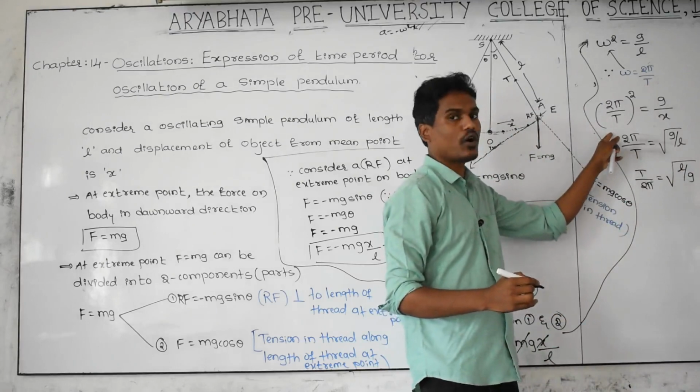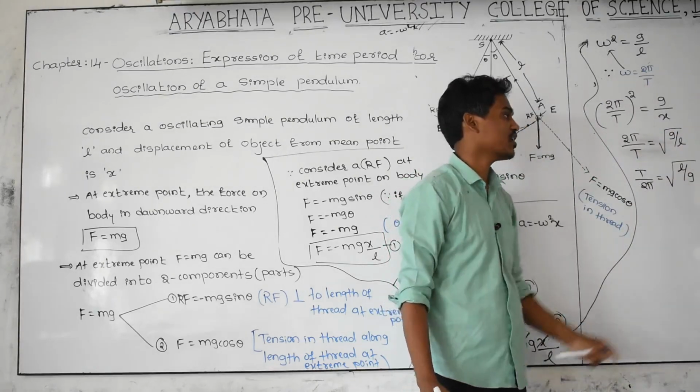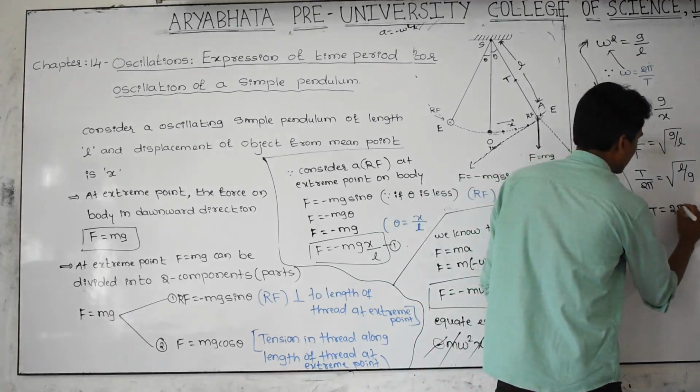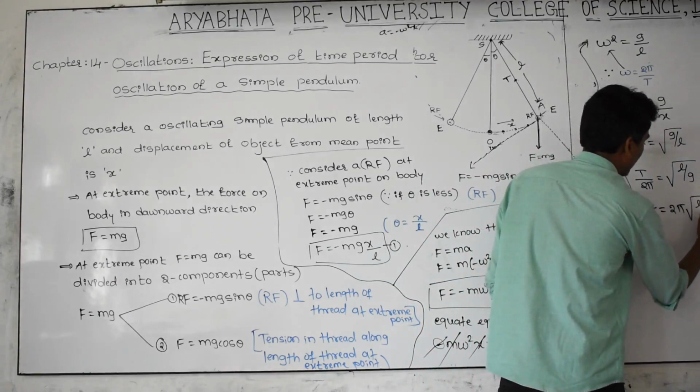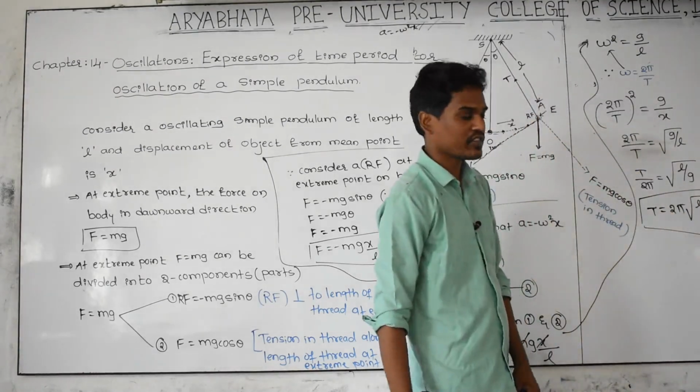Take T on numerator, 2 pi on denominator, L on numerator, g on denominator, and T is equal to 2 pi root of L by g. And this is the final equation.